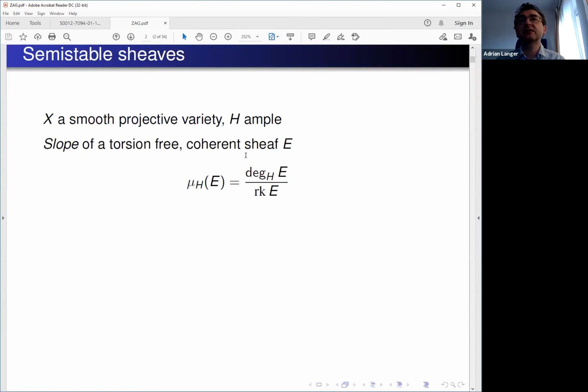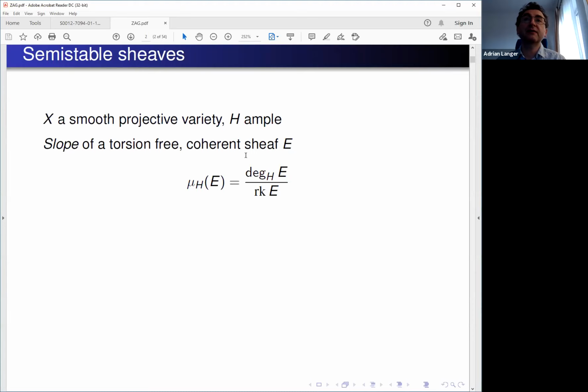And then the definition of the slope is that it is just the degree of this coherent sheaf with respect to this ample hyperplane section divided by the rank. Here, the degree is just the intersection of the first Chern class with h to the power dimension of X minus 1.